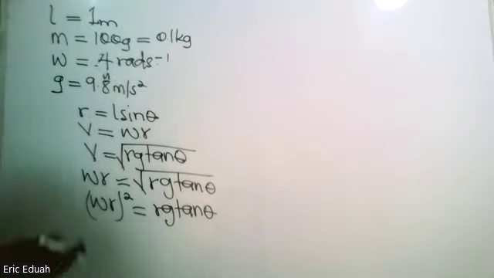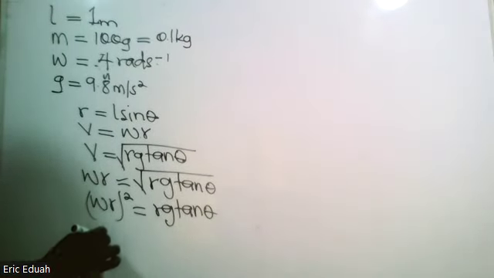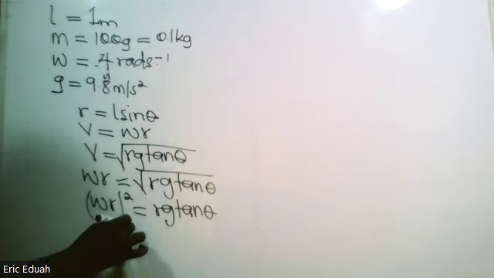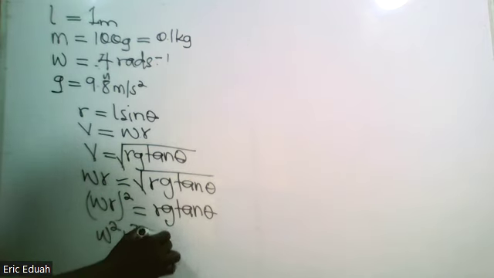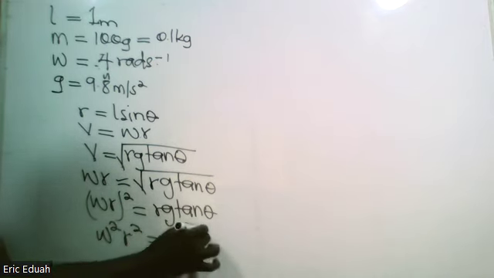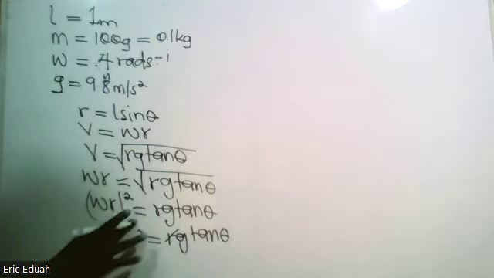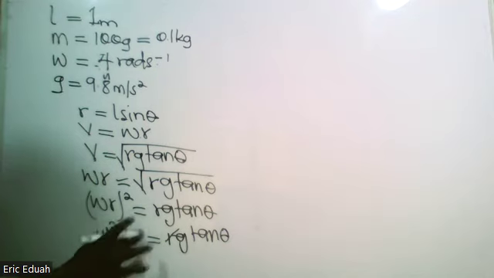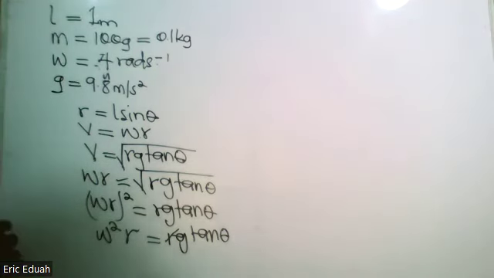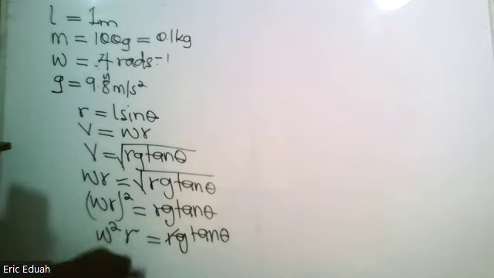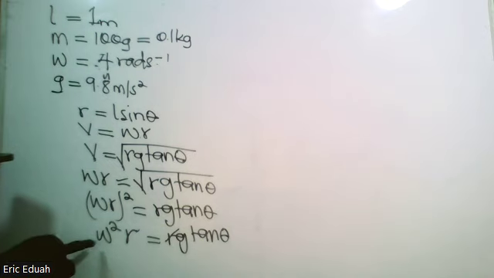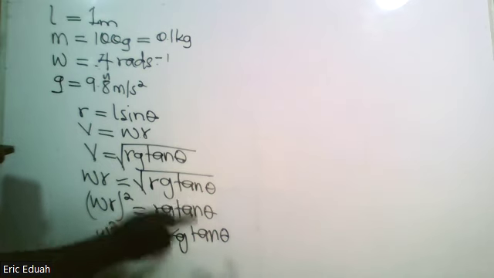If you open this further, you have omega squared R squared is equal to RG times tan theta. This R can cancel the R here. So we have omega squared R equal to G times tan theta.